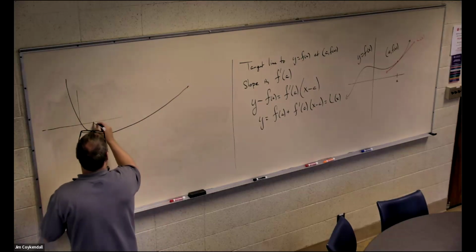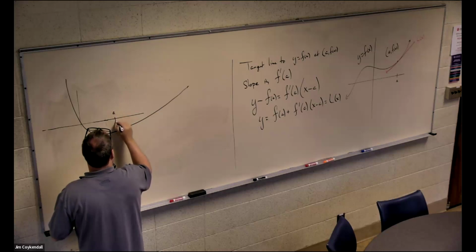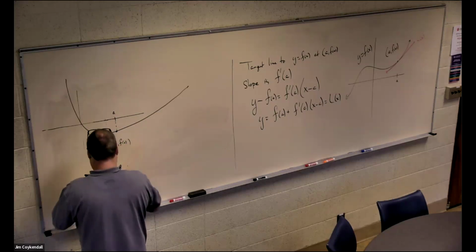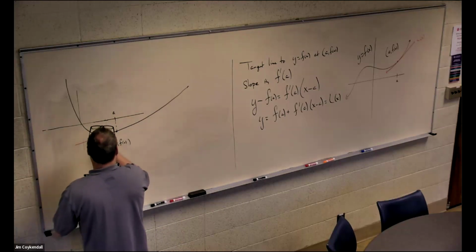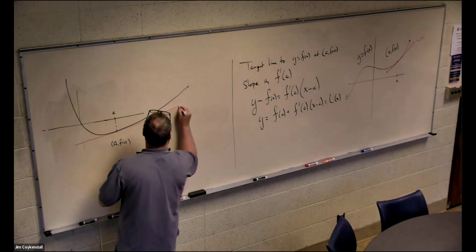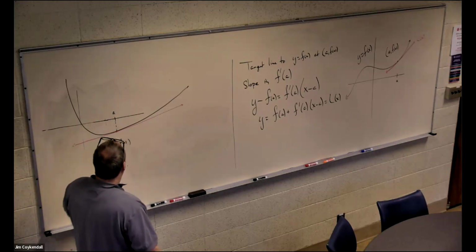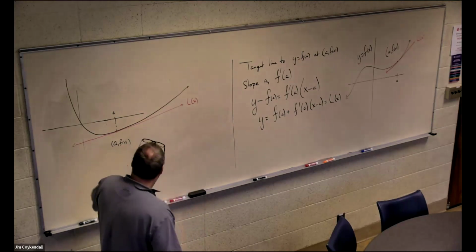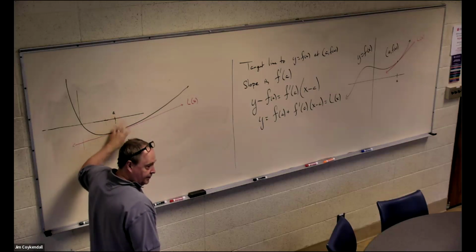And let's suppose that I do a tangent line approximation here at, say, a. Now, the idea is this linearization, this tangent line, it's not exactly the function, but I can approximate it, get numerical values close to this point, right?